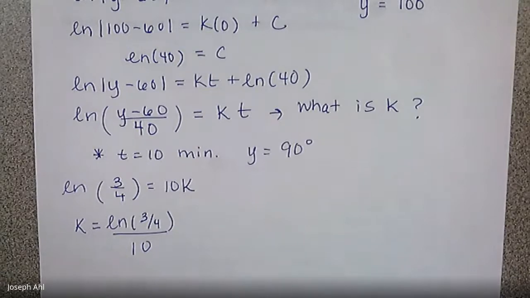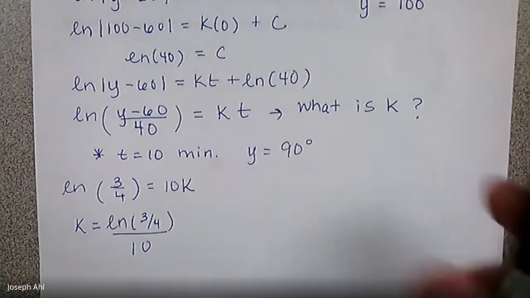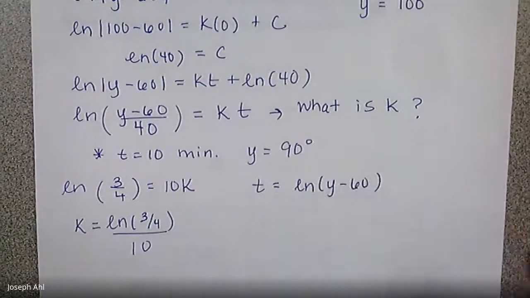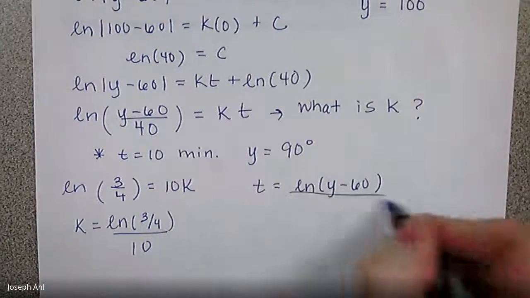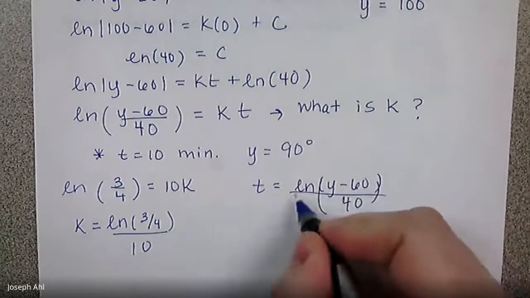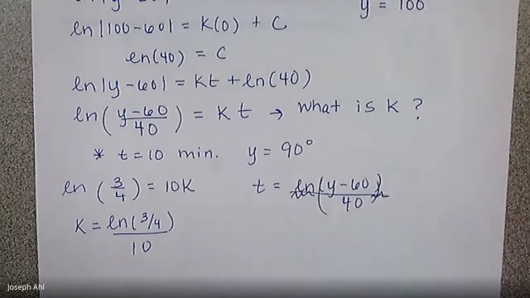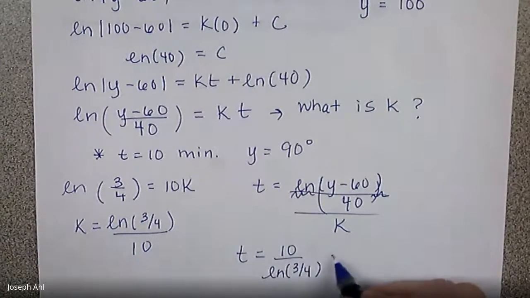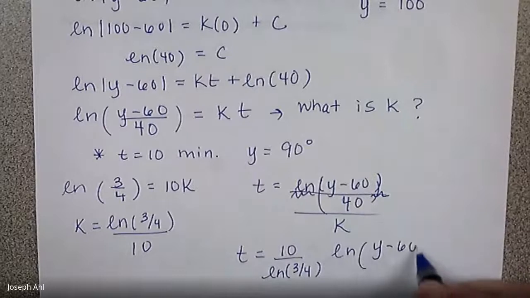And therefore t would equal, in general, ln of (y minus 60) over 40, divided by k. If I divide by k, it's the same as multiplying by the reciprocal, so the time is 10 over ln of 3/4 times ln of (y minus 60) over 40.